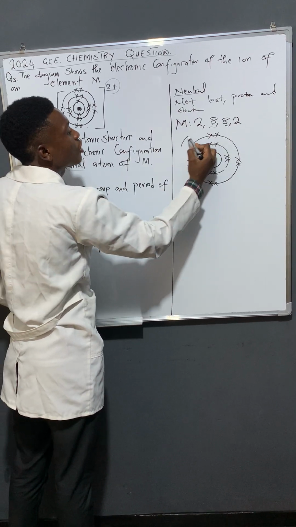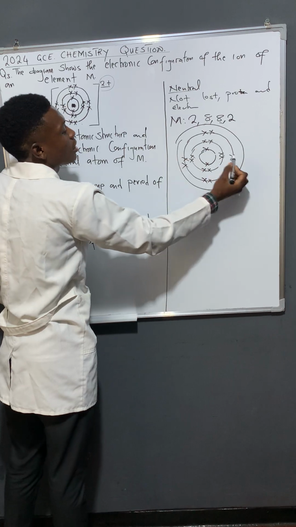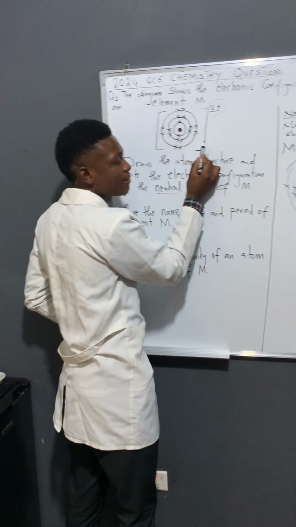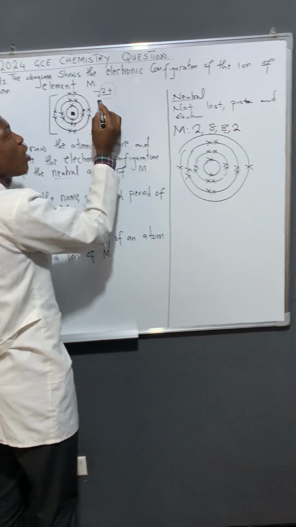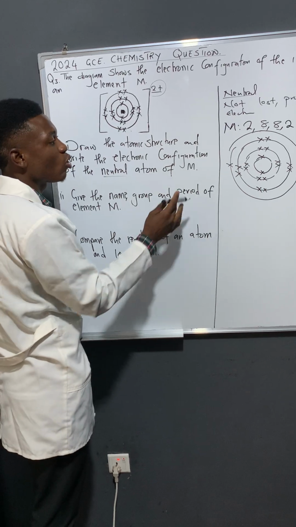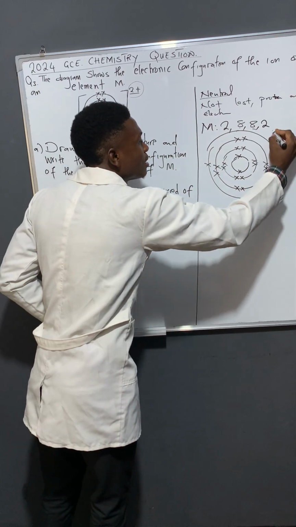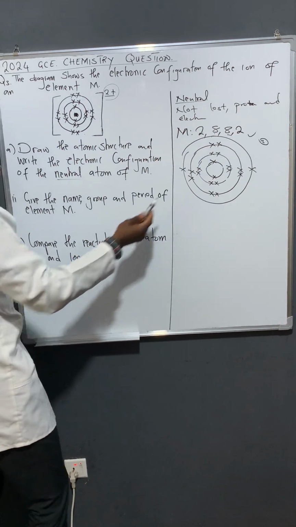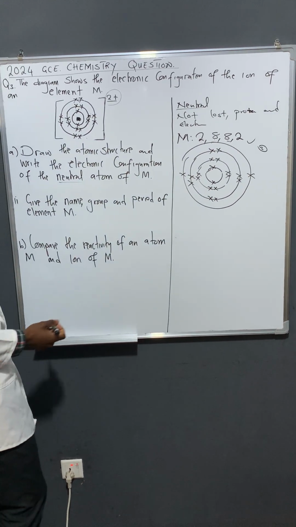And the fourth shell, you draw it like this. It has 2. You do not put the plus sign, because it's a neutral atom. Once you indicate a charge, it means it is an ion, it has lost or gained. So you leave it like this, and this is your answer. They give you 2 marks: the electronic configuration, and the atomic structure of the neutral atom.